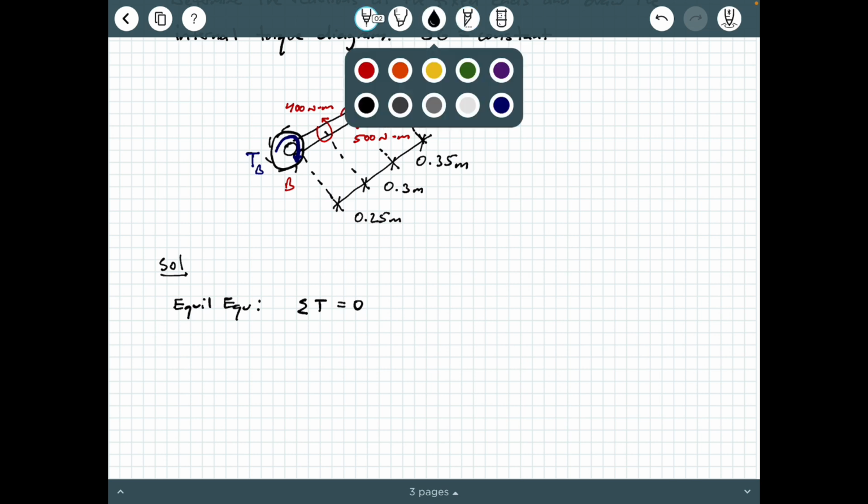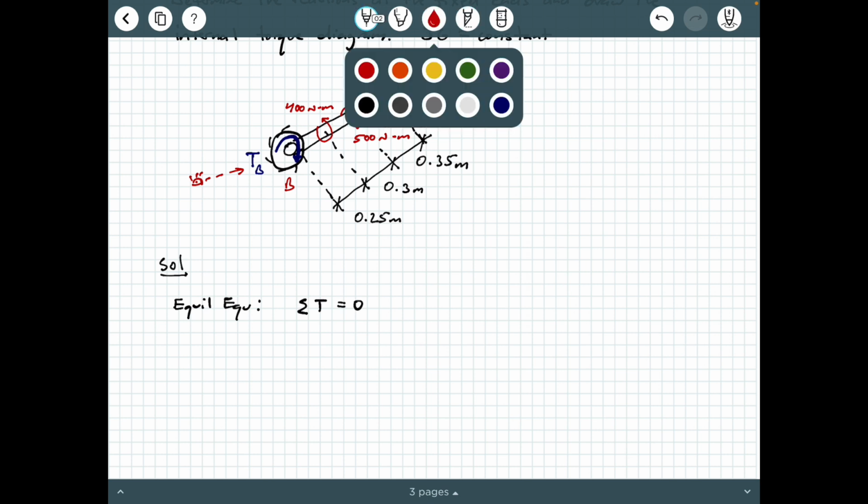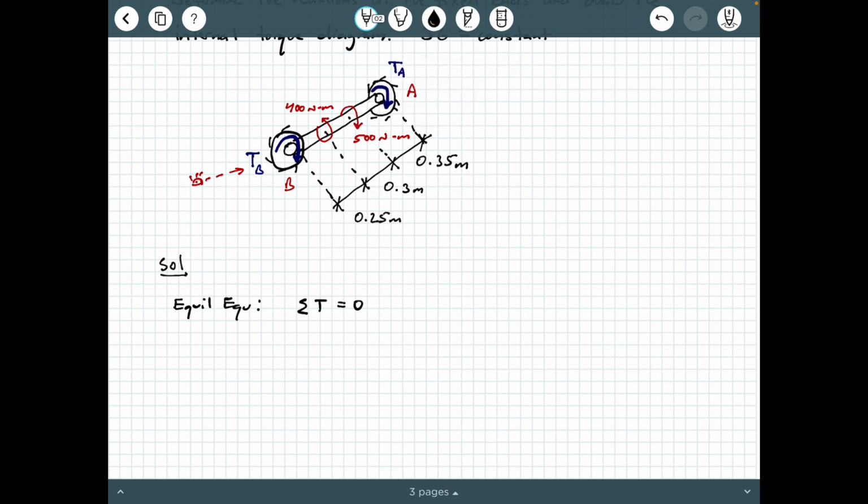So if I put a little eyeball maybe out here, there's a viewpoint, and I look in this direction, okay? And I start with the torque reaction at A, all right? I can say counterclockwise is positive, and I can put my little eyeball here, okay? And so the first thing I see way back here is TA, and that's going to be going in a clockwise fashion, so that's going to be minus TA.